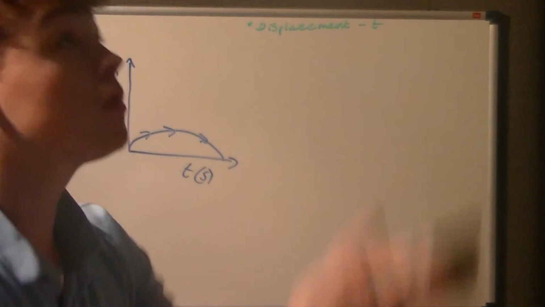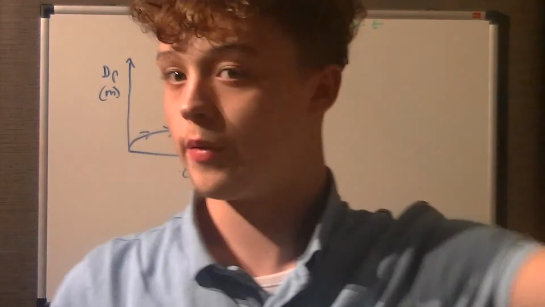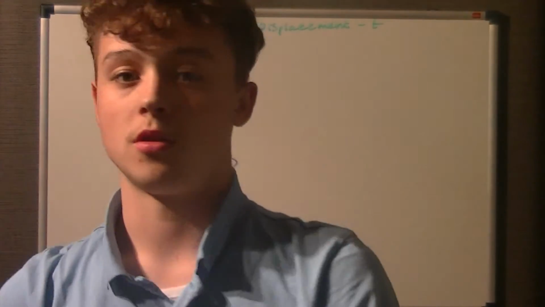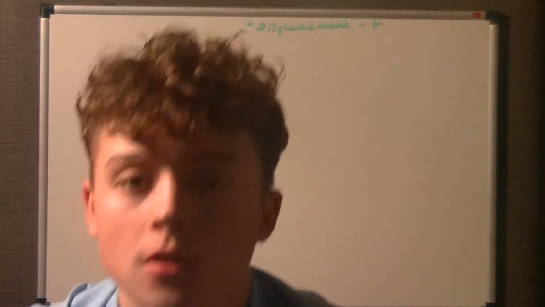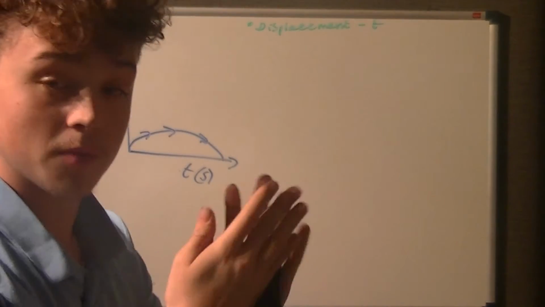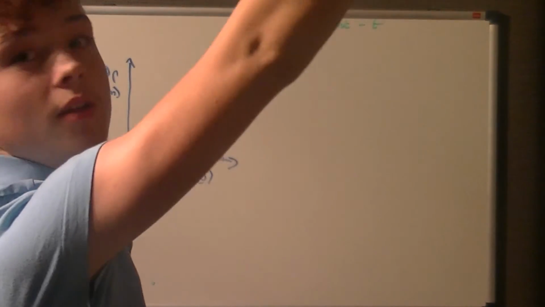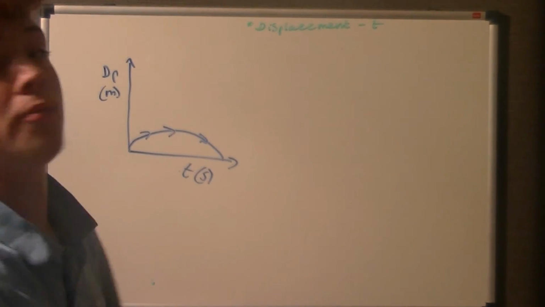Let me do this to get it right, watch. Right, there we go, got it. So, I threw it up, it came back down, and it came back into my arms at the equilibrium position.